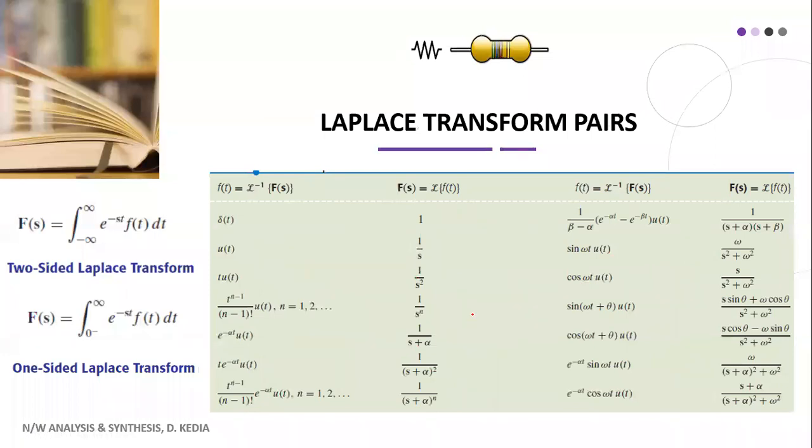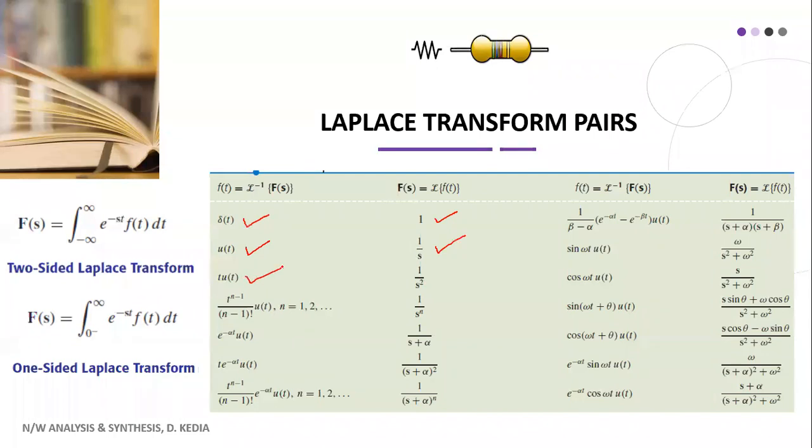Then a few simple examples we had discussed in previous classes, where we calculated the Laplace transform of the impulse function and the unit step function. So we had seen that in detail. Laplace transform of impulse is 1, Laplace transform of unit step is 1 by s.